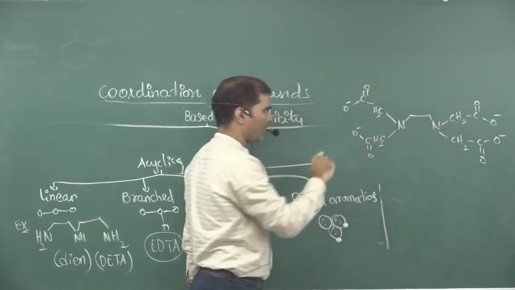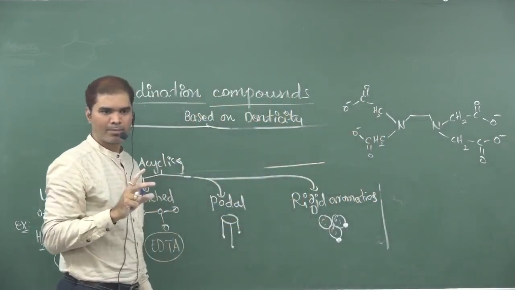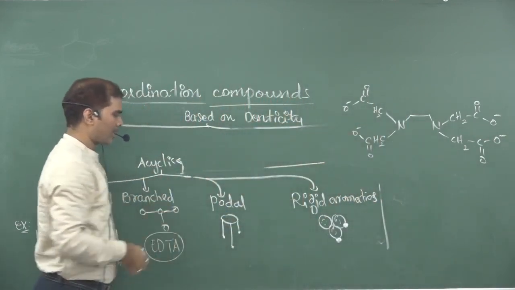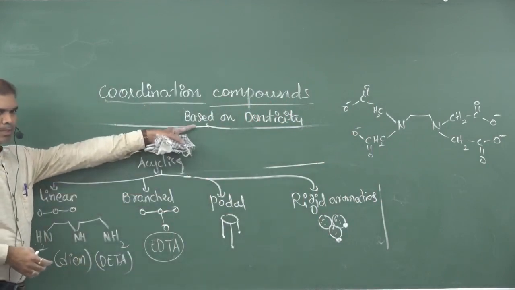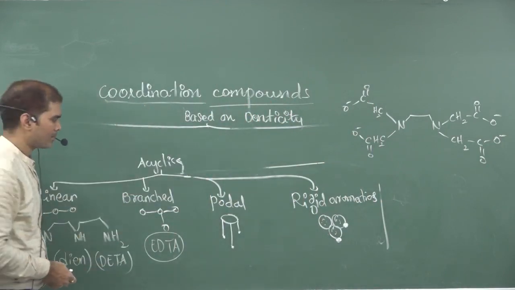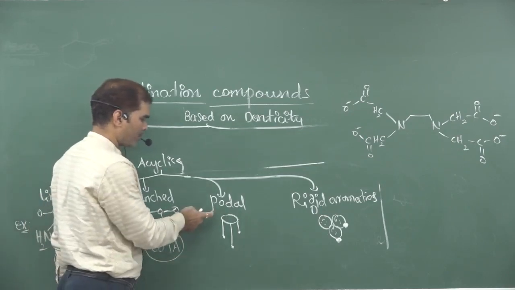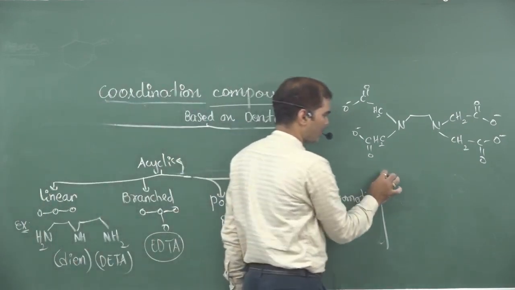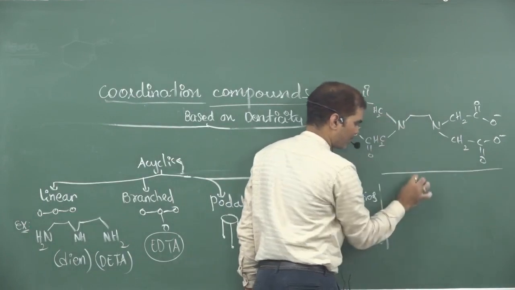So it is not like a linear one, it is like a branched one. EDTA comes under a branched acyclic polydentate ligand.